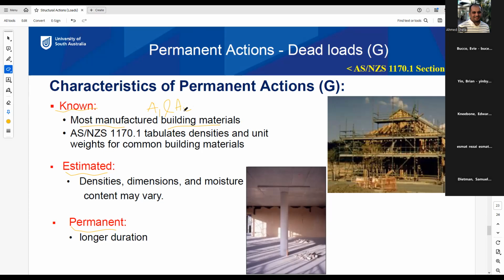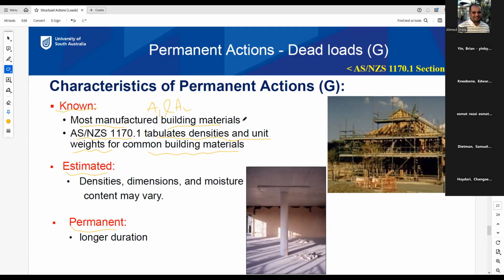The standard AS 1170.1 tabulates the densities and unit weights for common building materials. This is what we have been doing at the beginning of the lecture. So you can use table A1 and A2 to find the self weight or the dead load of the material.